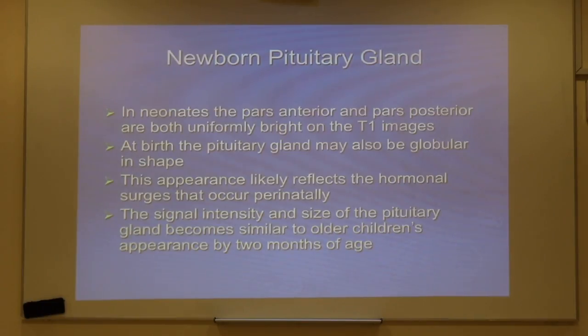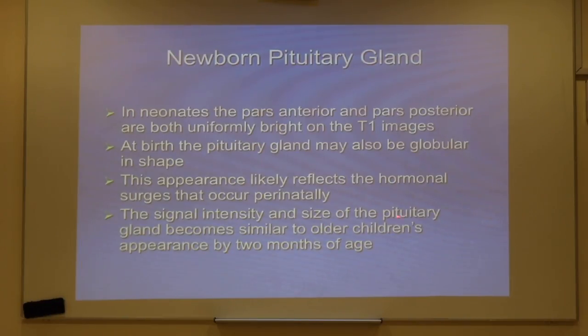In the newborn, around birth time, you would find the pars anterior and pars posterior both uniformly bright on the T1 weighted image of the MRI. The reason is that around birth or prenatally, you have excessive hormonal secretion from the pituitary, and as a result, when you take an MRI, there is a bright image of the pituitary just after birth.